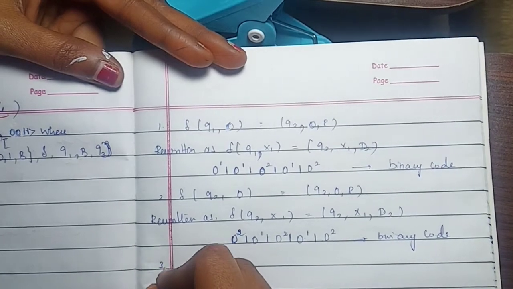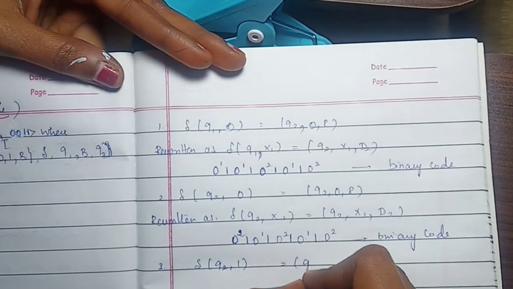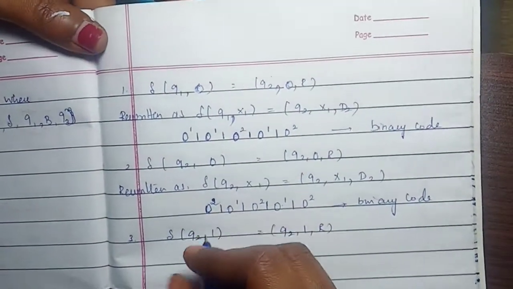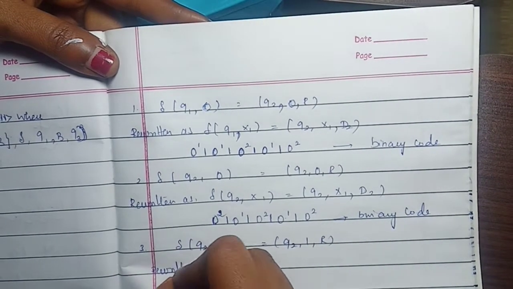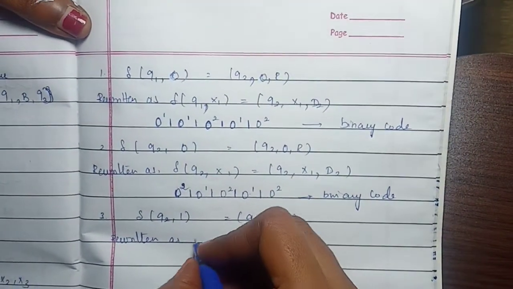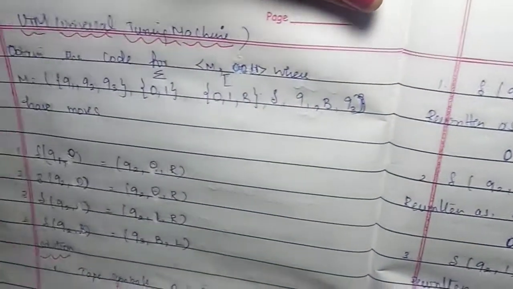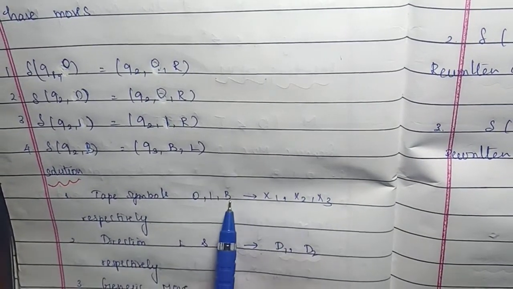Okay, we'll have this third move, (q2, 1) = (q2, 1, r). So it is rewritten as: in (q2, 1), 1 is replaced by x2 and b is replaced by x3.